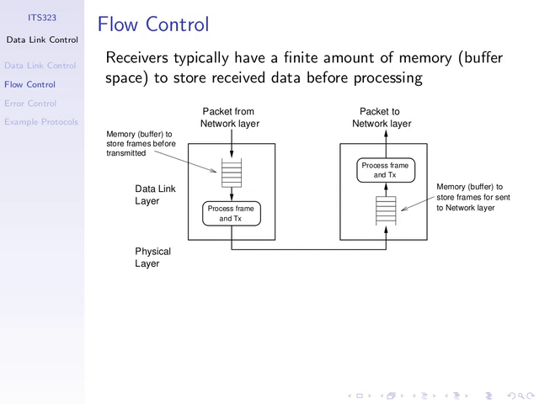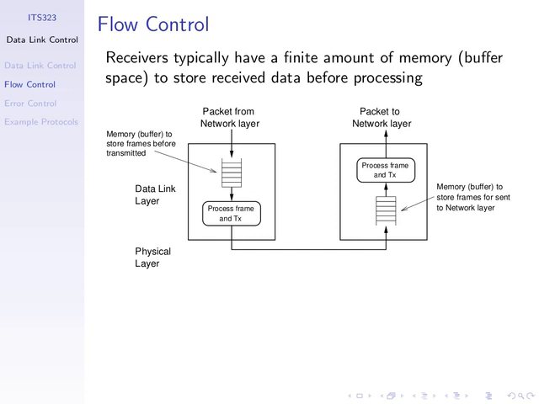We make space available when the network layer at the receiver is ready to take that data out. And that depends on the speed of the computer and what the application and the protocols are doing. We cannot predict exactly when that will happen.